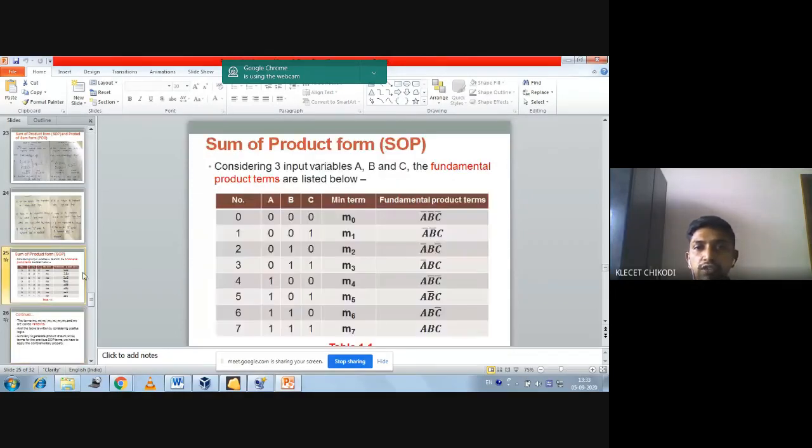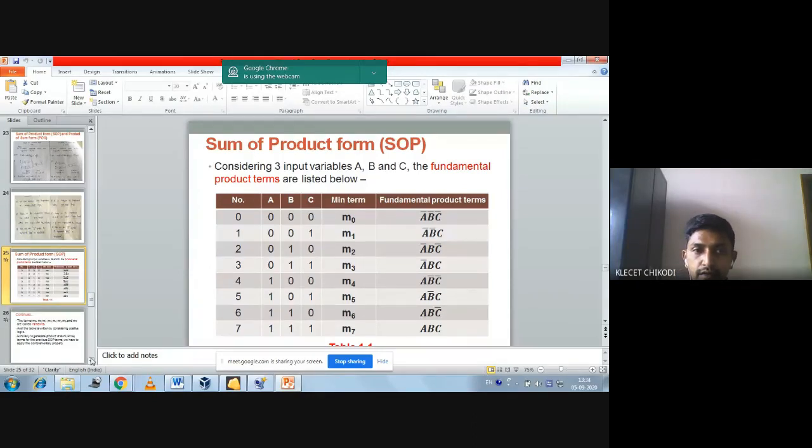Similarly, to generate the POS terms for the previous SOP terms, we have to apply the complementary property. I have the SOP table here. To make this SOP table POS, we have to apply the complementary property to these fundamental product terms.